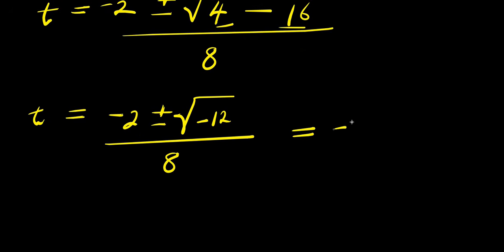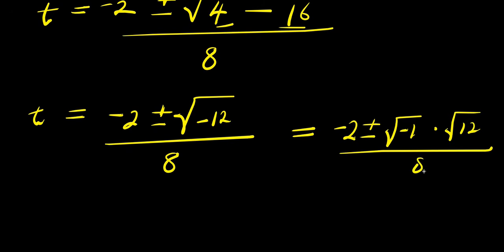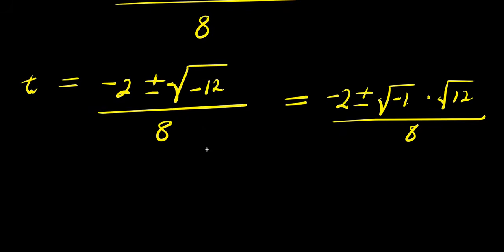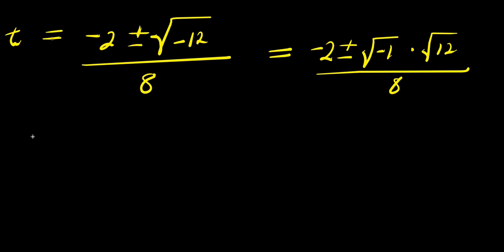This will give me negative 2 plus or minus, this minus here, I have square root of negative 1 times square root of 12, divided by 8. From here, I have t equals negative 2 plus or minus square root of negative 1, which is i.